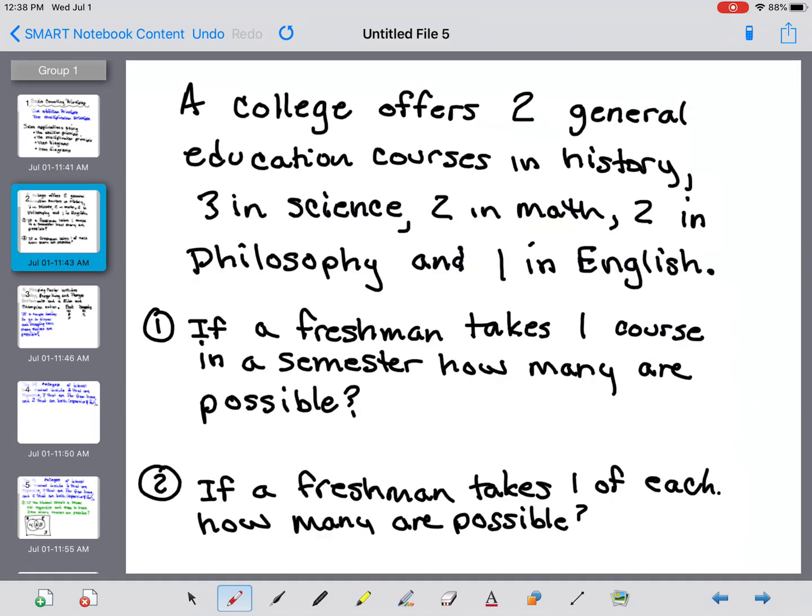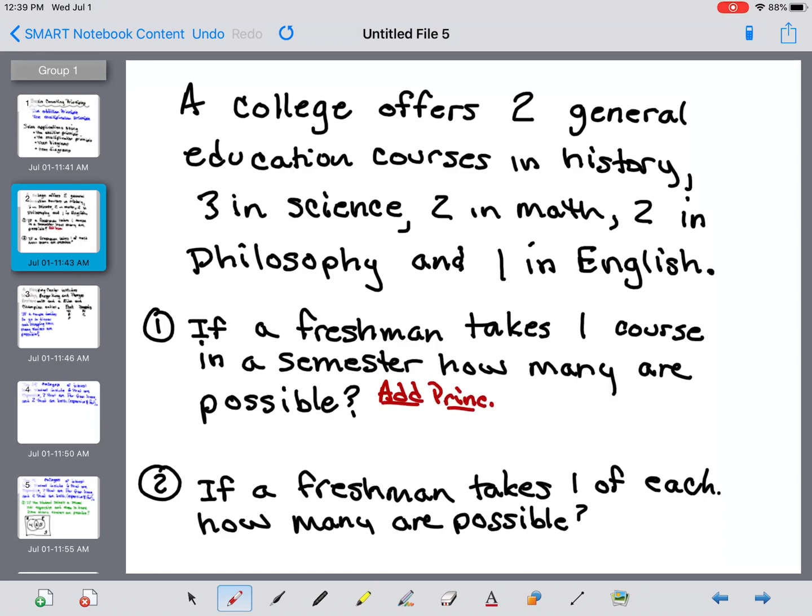Let's plow through them. A college offers 2 general education courses in history, 3 in science, 2 in math, 2 in philosophy, and 1 in English. If a freshman decides to take one course in a semester, just one of these, how many are possible? Here's an example of where we're going to use the addition principle.